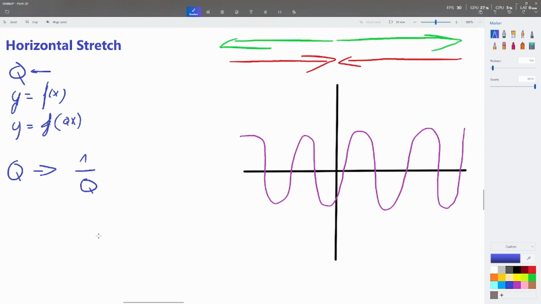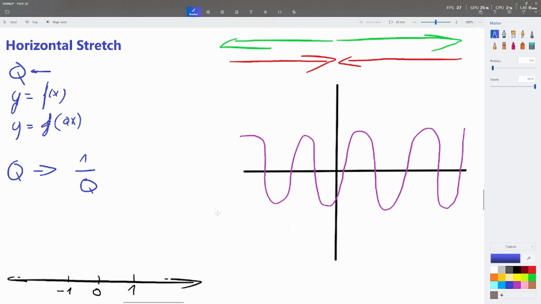So let's talk about the q values, and the number line again: -1, 0, and 1. Here it's a bit different. If your q value is between 0 and 1, then where before you shrunk it, now you will stretch it out.